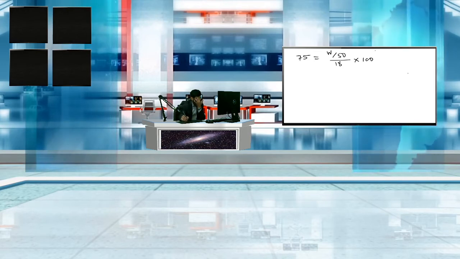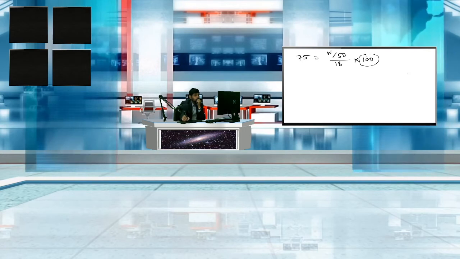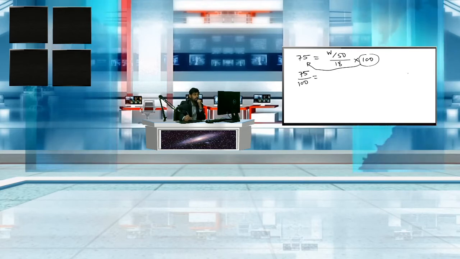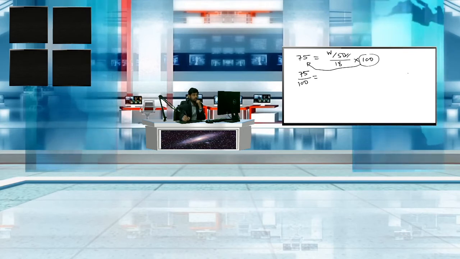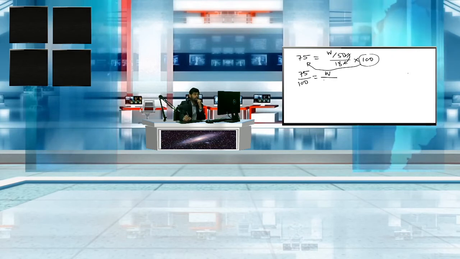Now this 18 is in a numerator here. When we shift it towards the left side, it will go in the denominator, so 75 divided by 100 is equal to W divided by 50 into 18, because this 50 is in a denominator and shifts down, right?